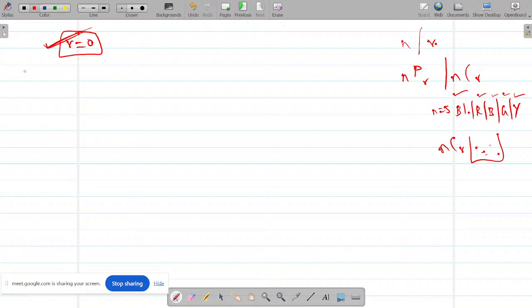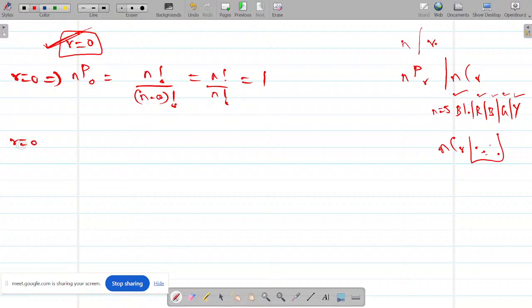Now tell me, when R is equal to 0, what is NPR, which is NP0? Yeah, make it faster. N factorial divided by N minus R factorial, which is N factorial divided by N factorial, 1. R is equal to 0.